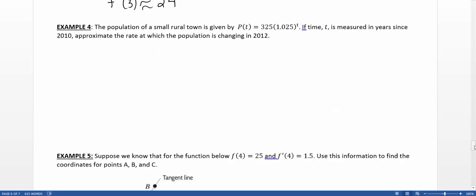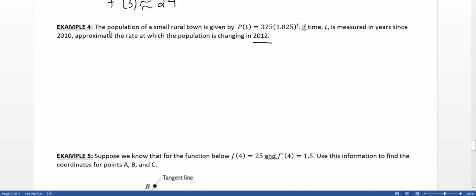Example 4. The population of a small rural town is given by P of t equals 325 times 1.025 to the t. If time t is measured in years since 2010, approximate the rate at which the population is changing in 2012. So here, I need to first figure out what t I'm actually looking at.